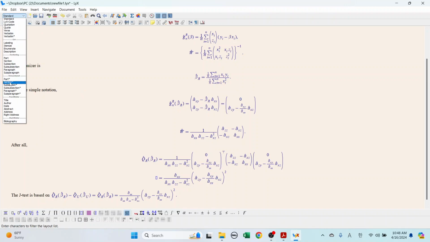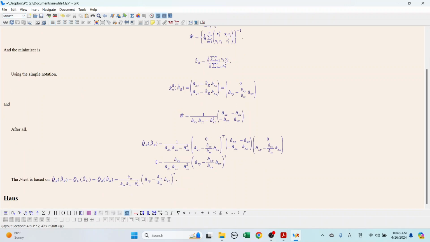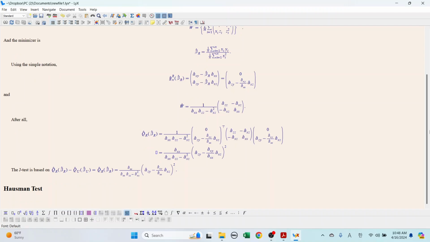And the next topic is the Hausman test. If the null hypothesis was correct, then the OLS will be similar to the IV estimator, right?